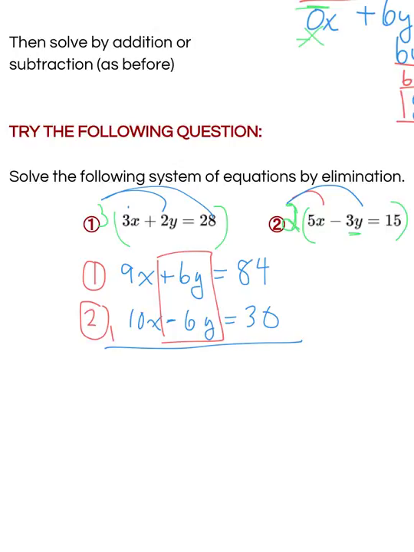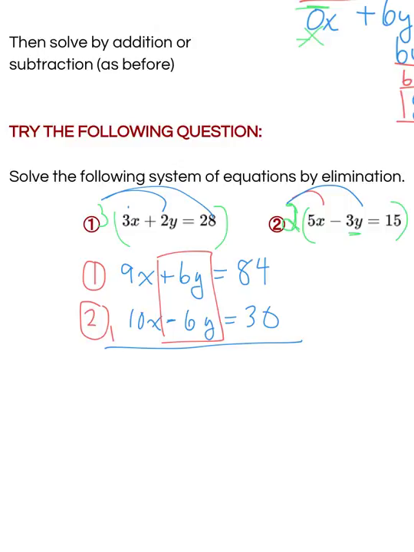So let's clean this up. 20x is equal to 114. x is equal to 114 divided by 20. x is equal to... I just realized I made a silly adding mistake. So I'm going to go back, and you're probably wondering what I'm doing, but here I am.